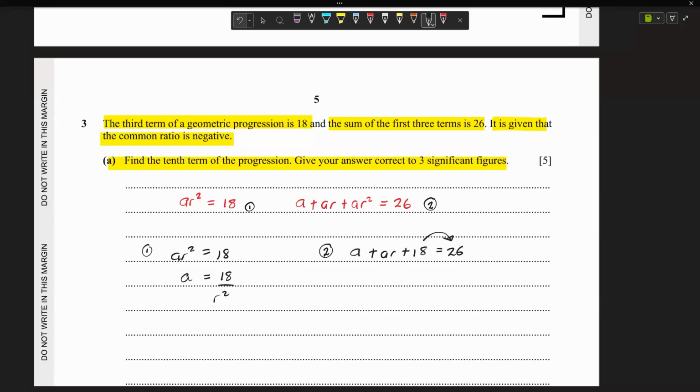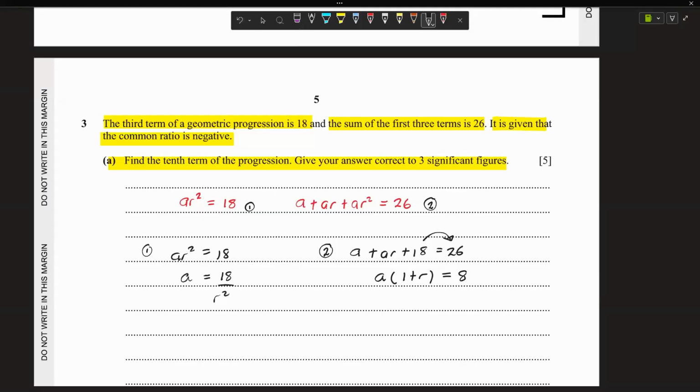If we take 18 to the other side, on the left side we are left with A plus AR, which is A of 1 plus R, actually. And 26 minus 18 would be 8.